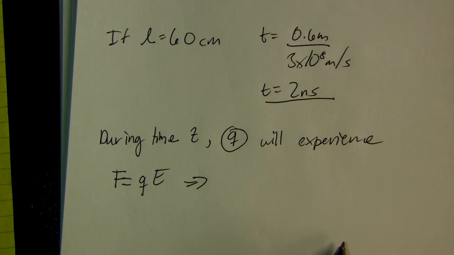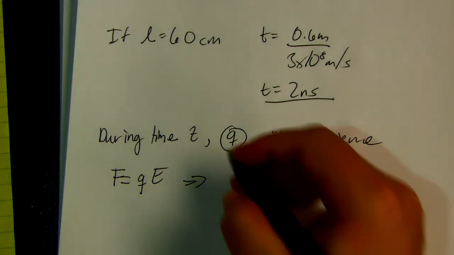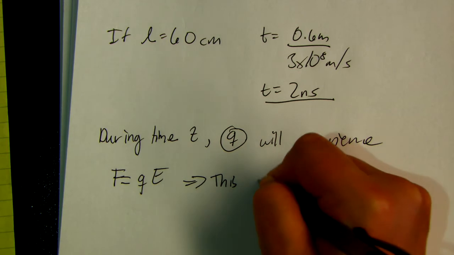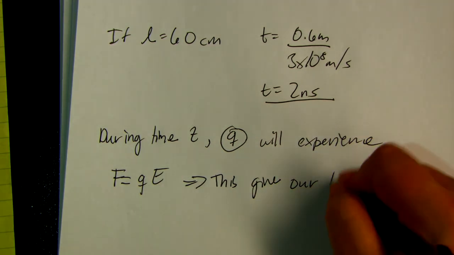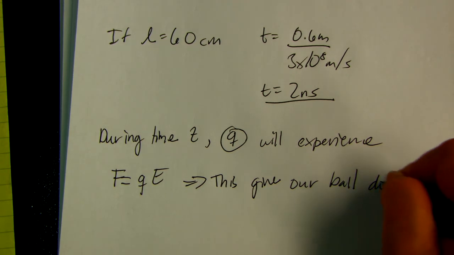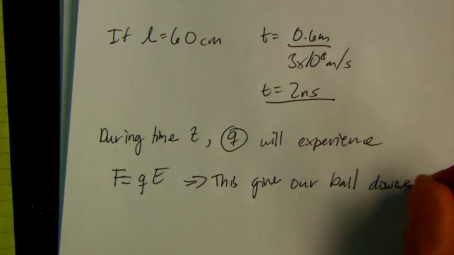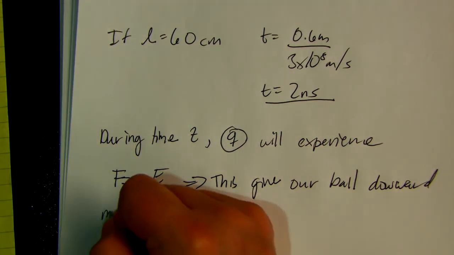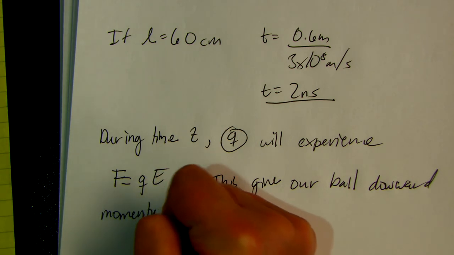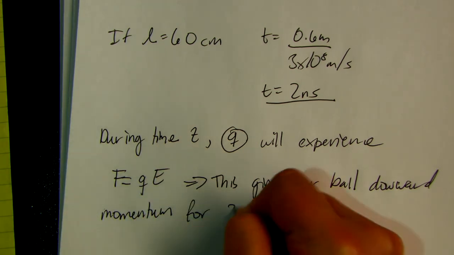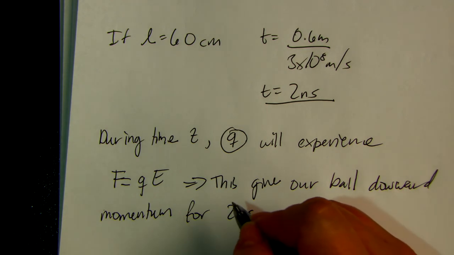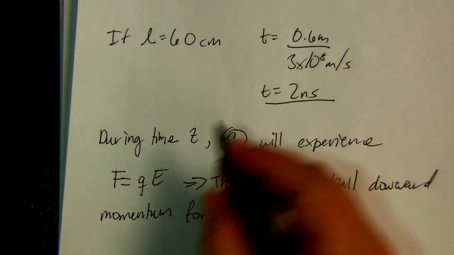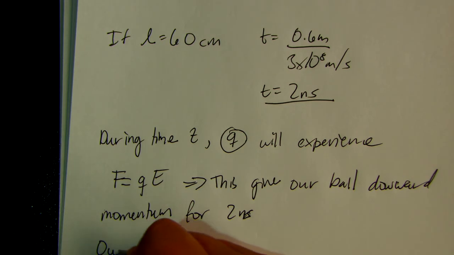And you know what force is called? Momentum changes. So this gives our little charge ball downward momentum for 2 nanoseconds. And so we changed our momentum. Let's calculate it.